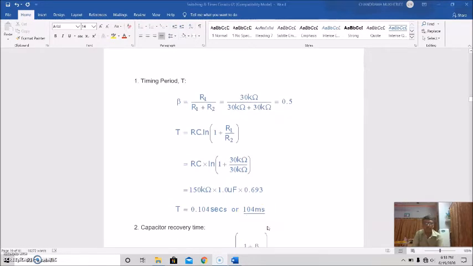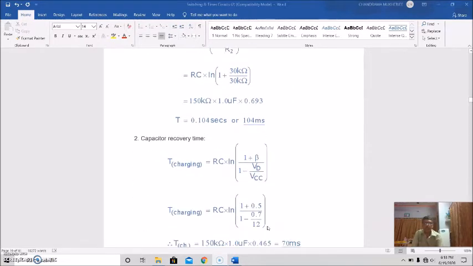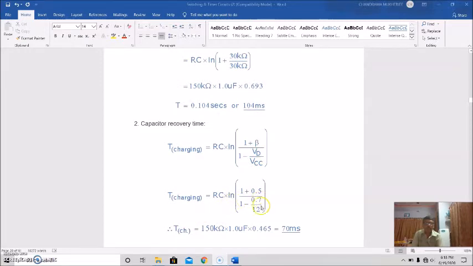Now the capacitor recovery time, that is the discharging time, equals RC ln of 1 plus beta by 1 minus Vd by Vcc, where Vd is the diode voltage, and Vcc is the positive supply voltage. Vd is 0.7. You found beta equal to 0.5, R is 150 kilo ohm, and C is 1 microfarad.